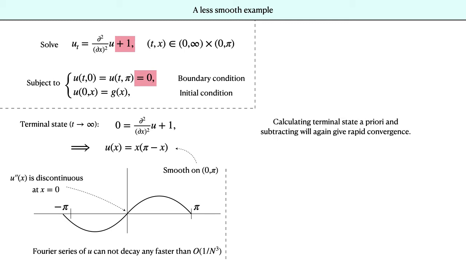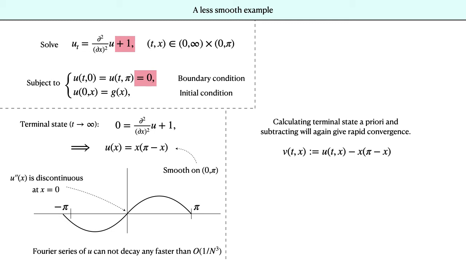But of course, what you always can do is calculate the terminal state a priori, and you can subtract it from the function. The original problem we want to solve is a partial differential equation, and it's not easy to solve a partial differential equation, but it might be easier to calculate the terminal state.